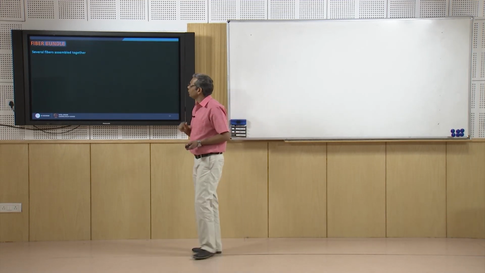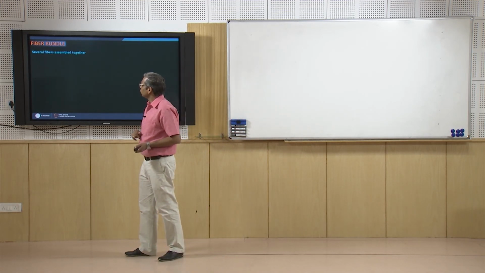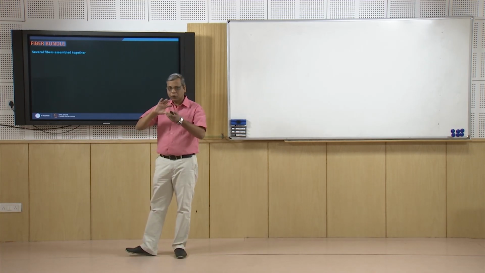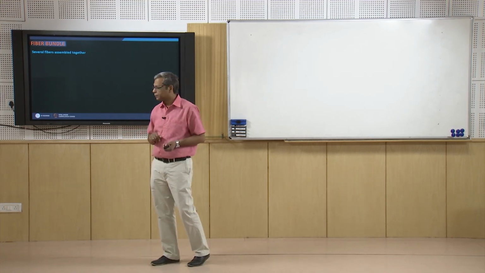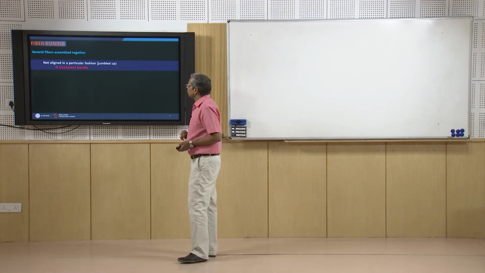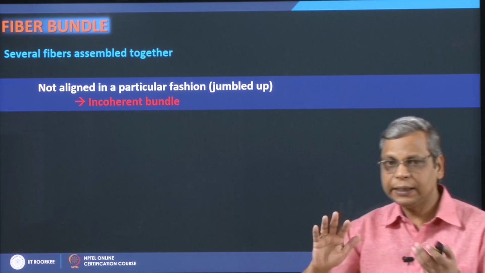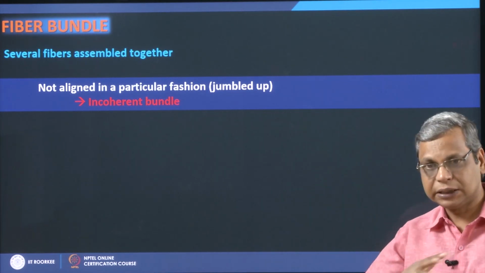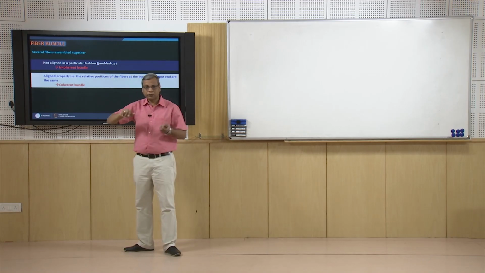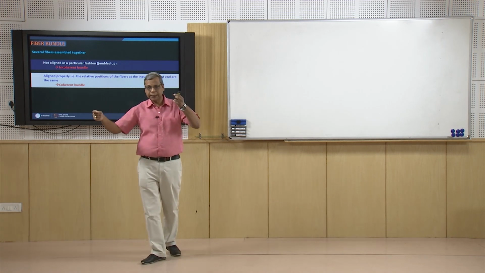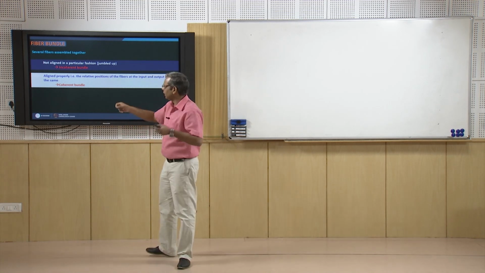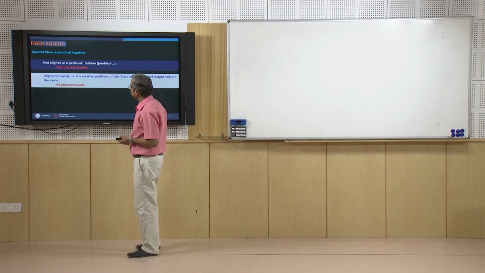You can also make bundles out of these fibers by putting several fibers together. You can assemble these fibers in two fashions. One is when they are not aligned in a proper fashion, they are jumbled up, the relative positions of the fibers at input and output ends are not the same, then it is incoherent bundle.